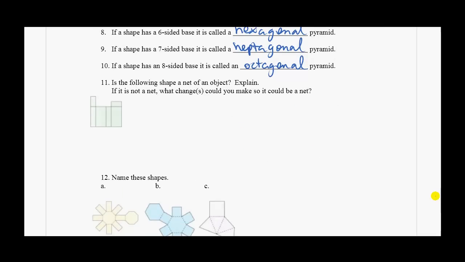Is the following shape a net of an object? When we look at the net, we have to ask ourselves, when we fold it up, would any of the sides overlap? We can see that we have these two rectangles on the same side of the net. If we fold up the net, the two sides would overlap.